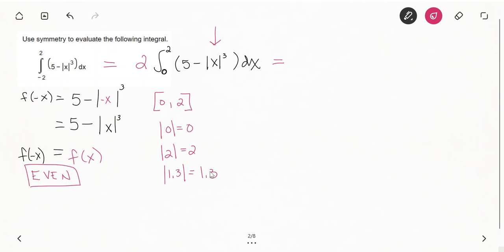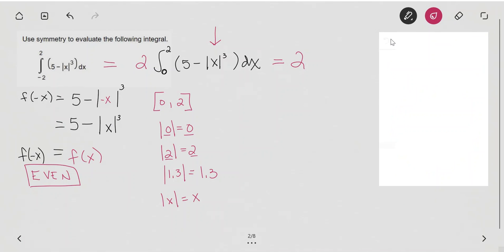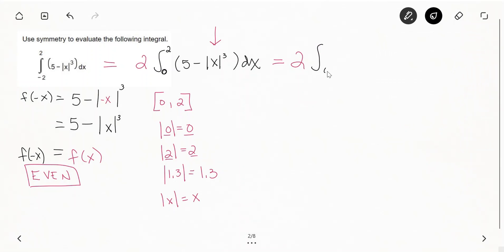The absolute value is always just going to come out to be x, from 0 to 2. So for that reason, I could rewrite this and drop that absolute value. And now I'm all set to go. Now I'm ready to integrate.